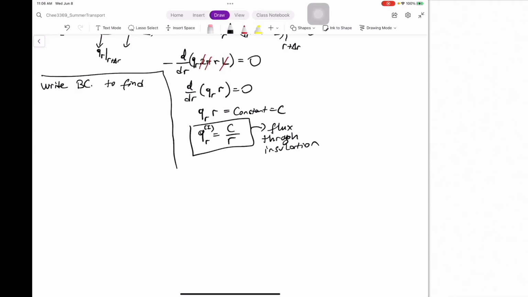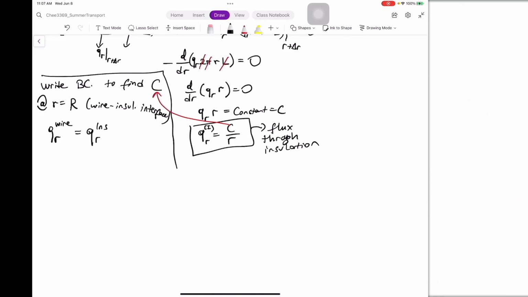To find this C I'm talking about, you can say at R equal to capital R, at the insulation-wire interface, the Q of the wire must be equal to Q of the insulation, correct?